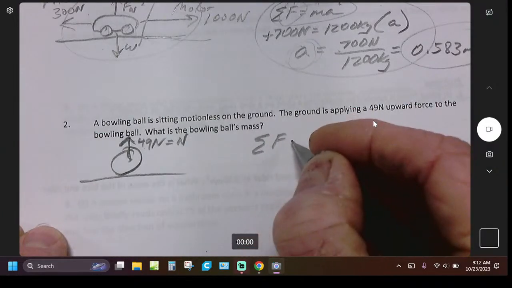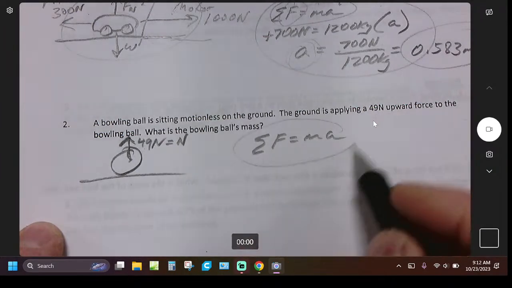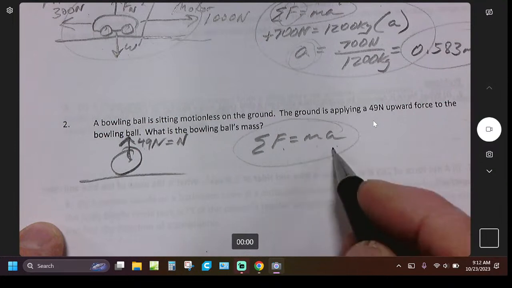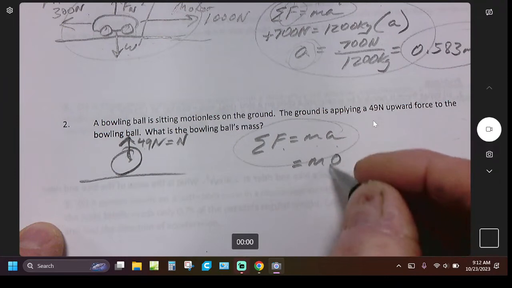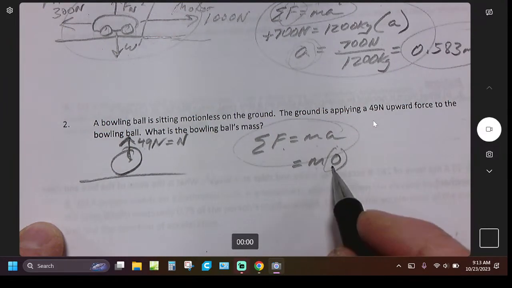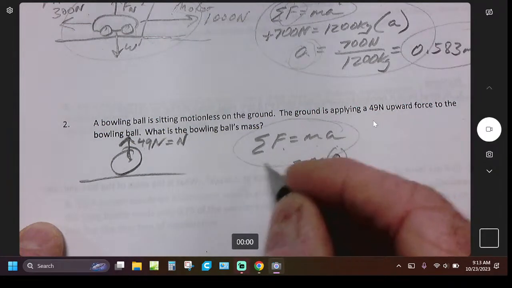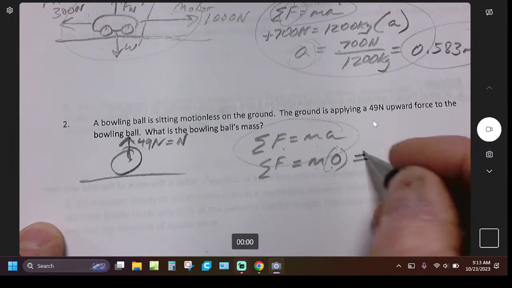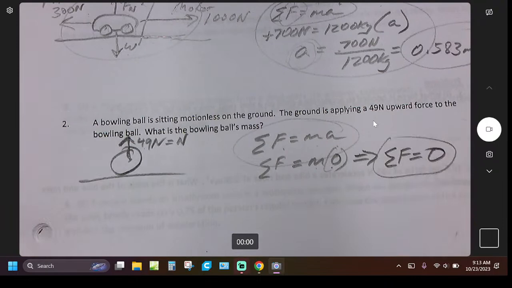Let's do this. Net force equals ma. Of this, what do we know without a doubt? F, m, or a? We know a. So this is going to be 0, and therefore m times 0 is 0. So I'm just going to write net force equals m times 0. Therefore, the net force equals 0. This is how it's supposed to work out.